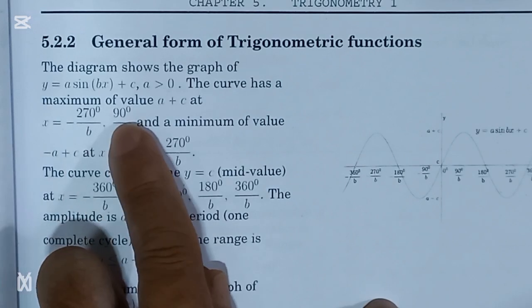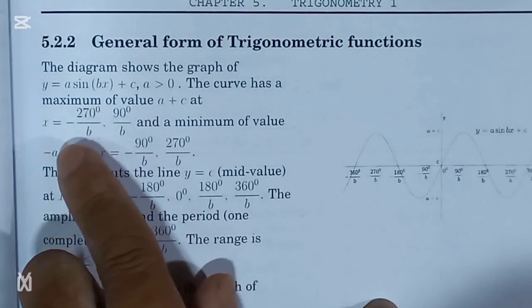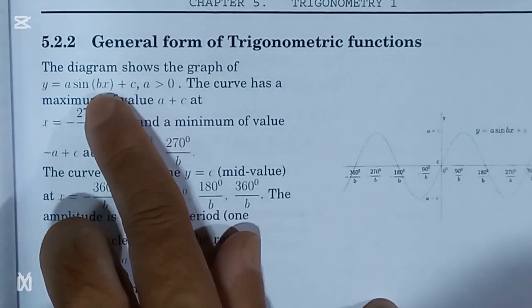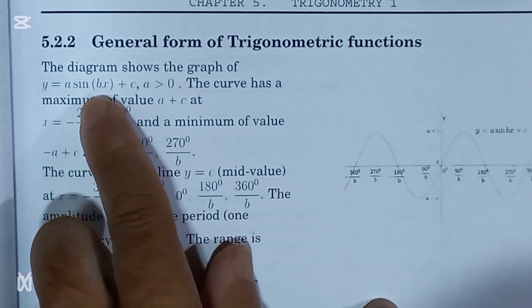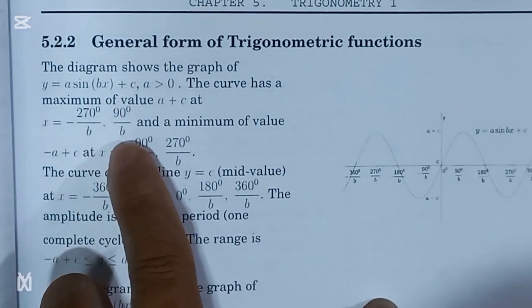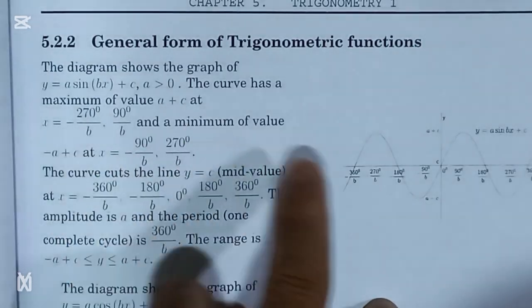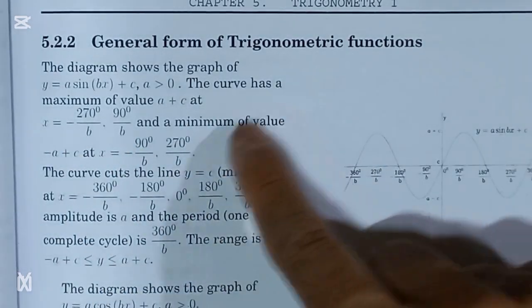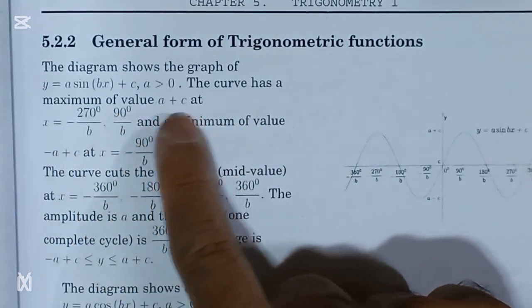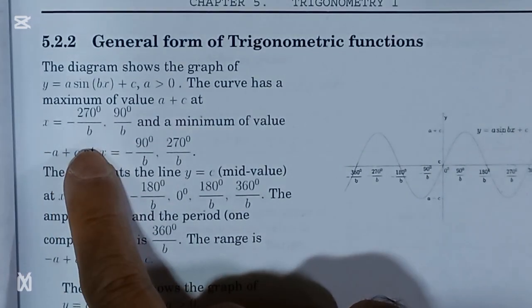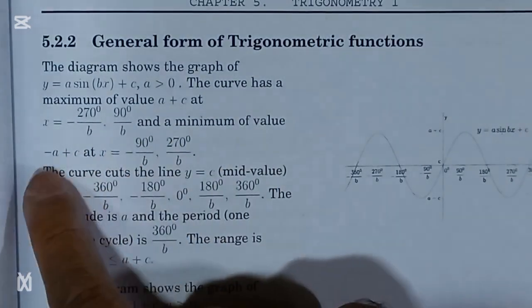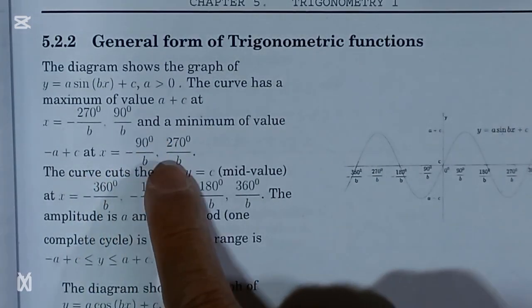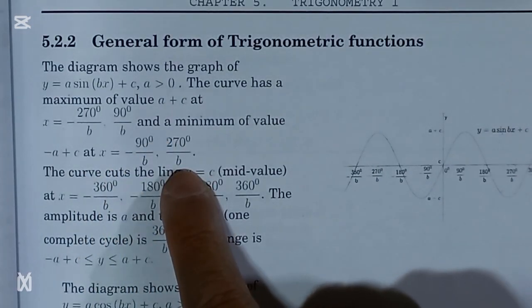So we will write the same values and divide them by the value which is written with x. So here is B, divided by B. The rest of the line will be the same. The curve has a maximum value of C plus A at minus 270 over B and 90 over B, and the minimum value of C minus A at minus 90 over B and 270 over B.